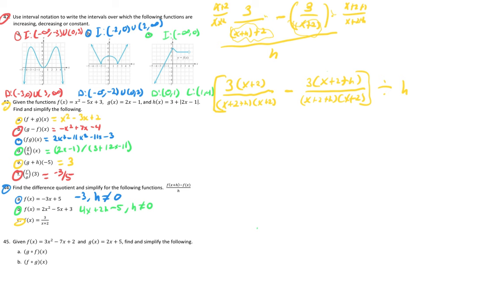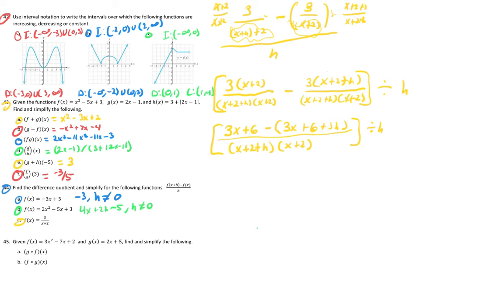Combine that all into one fraction and distribute the 3 to everything. So we get 3x plus 6 minus 3x plus 6 plus 3h, all over our x plus 2 plus h times x plus 2. And this is still all divided by h.